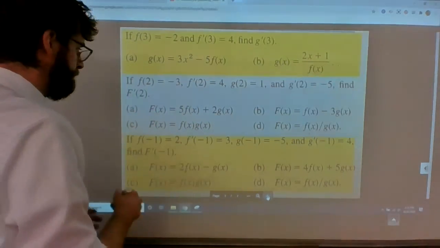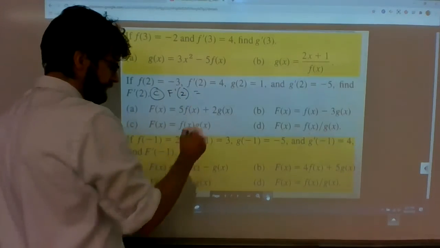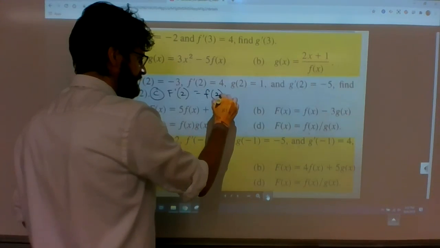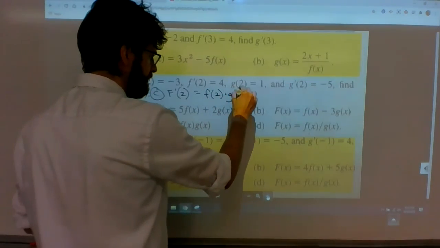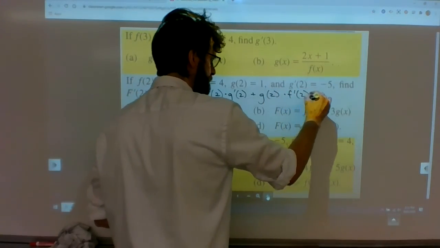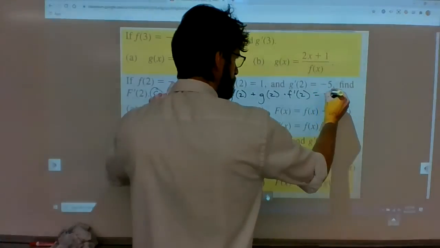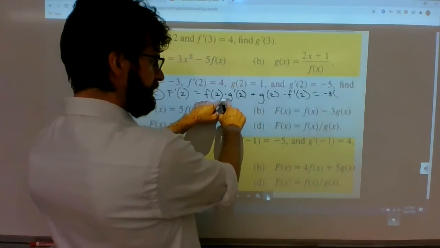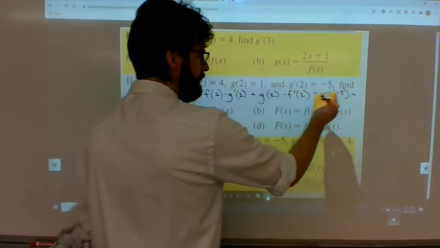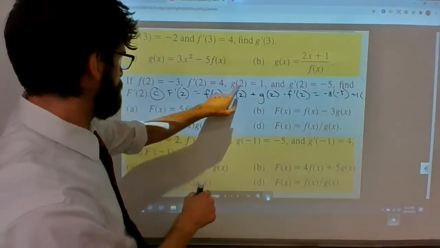C. F prime of 2 equals, gotta do product rule of this thing. The first times the derivative of the second plus the second times the derivative of the first. And that equals -3 times -5 plus 1 times, where is f prime of 2? 4.